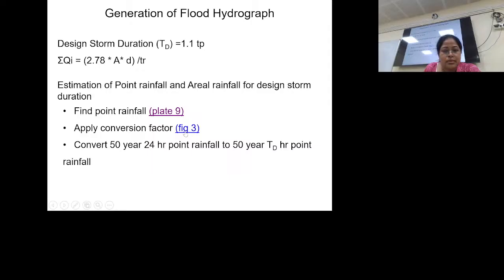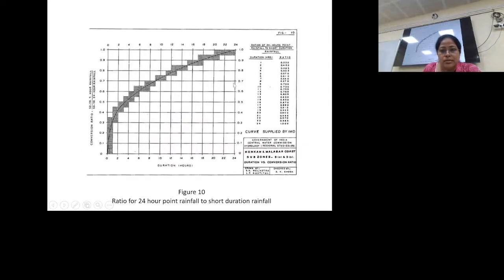Then apply the conversion factor. So for our design storm duration, say for example it is 4 hours, we can read it from here or we can find it from this graph. So we'll get one conversion factor. We'll multiply that point rainfall by this conversion factor.